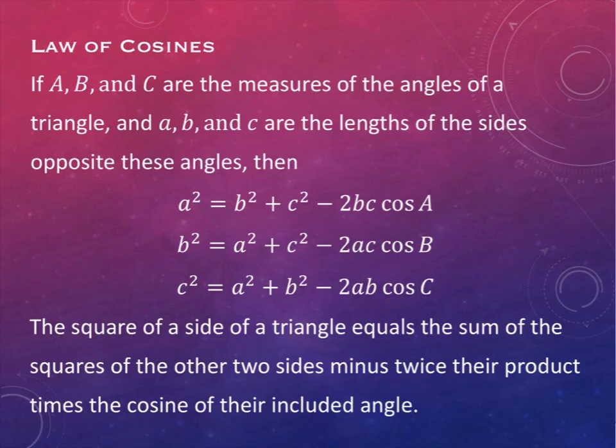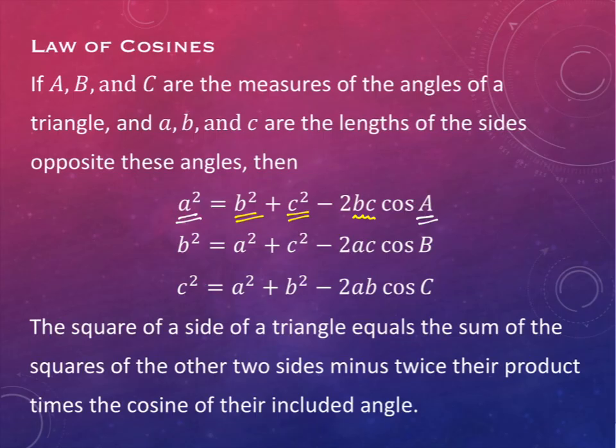What you can see in terms of formula structure is that if this is A over here, then the angle A is over here. So the angle and the left-hand side match, and they do that in all three formulas. The other pieces are just the other sides. So if I don't have sides B and C, then I've got B squared and C squared over here, and you see the B and C inside of here. The same form happens for all formulas written here.